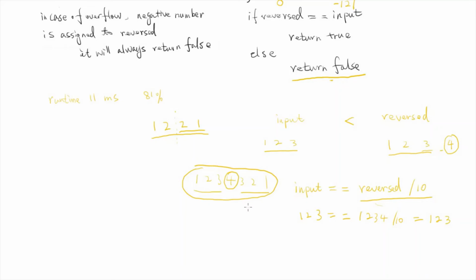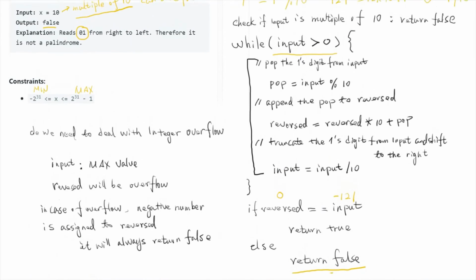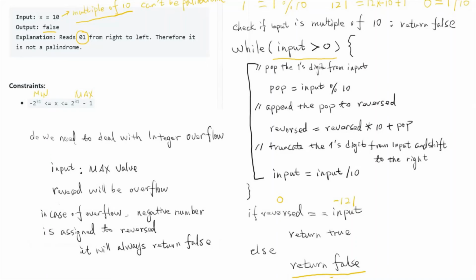And in the second scenario, after we moved this part of the number from input to reversed, we can conclude that this integer is a palindrome. Now let's go back to our original implementation and see how to modify it to make it work for solution number 2.